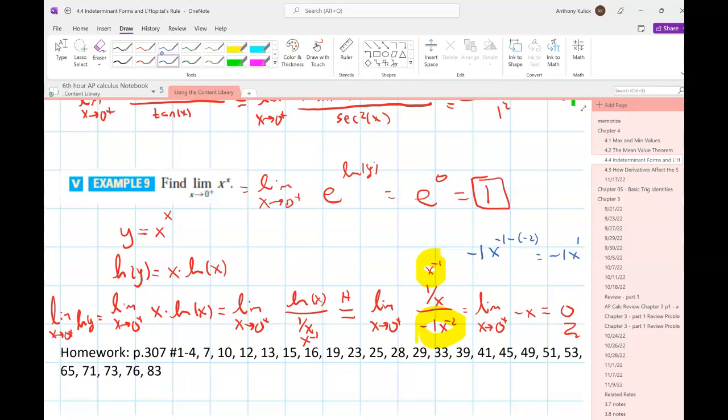Do you see it, Anise? Okay. So that's what I had. I just simplified using my exponent rules, and that's how I got the negative x. Does that feel good? Okay.